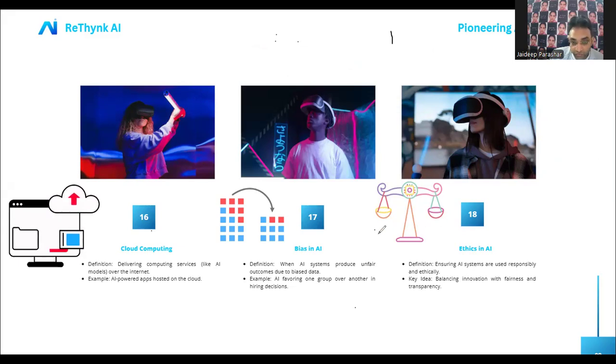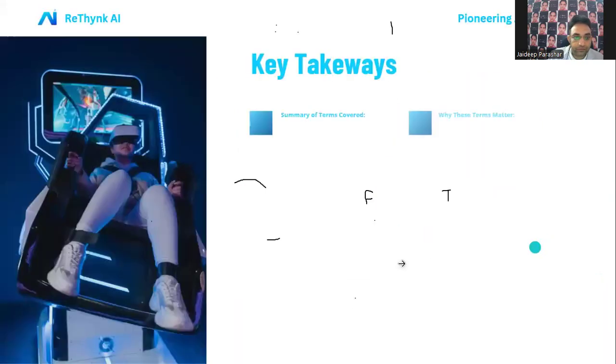So here I am going to put fairness, here I am going to put transparency, then this is the balance of ethics in AI. And when it comes to bias, it is when you use a set of data and then use conditioning to create another set of data out of the original set of data, then bias can happen. And this is the example of cloud computing. Now let's move to the next slide.